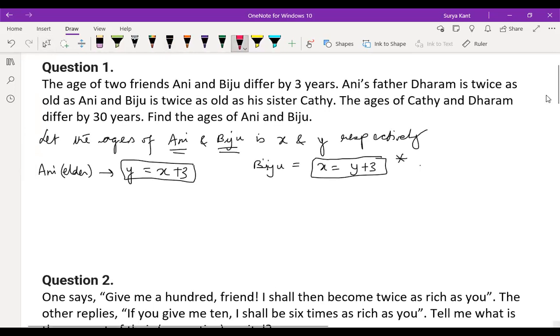Suppose Ani's age is 33 and Biju's age is 30, so where should you add? Yes, I was saying to change the variables.